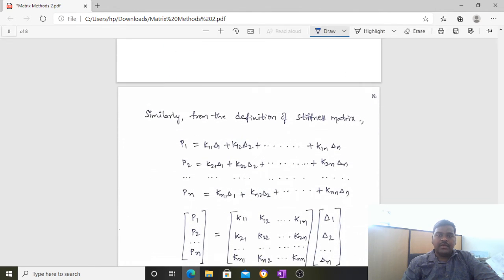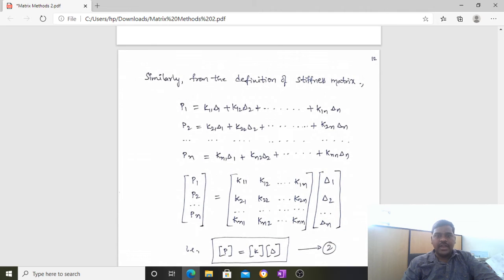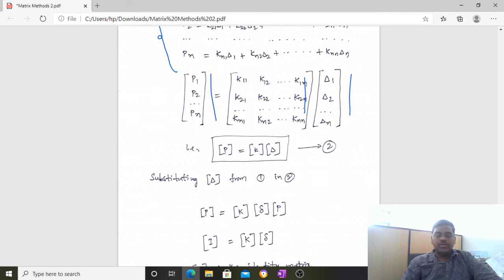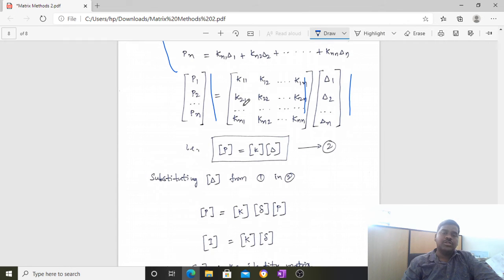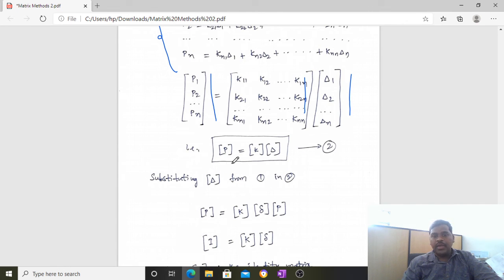Similarly, if we write from the definition of stiffness matrix all this in the form of an equation, we get P1, P2 and Pn as these terms, and if we write these in the form of a matrix, we get two column matrices and one square matrix, and we get P is equal to K into D. Matrix P is equal to matrix K into D, stiffness and displacement.